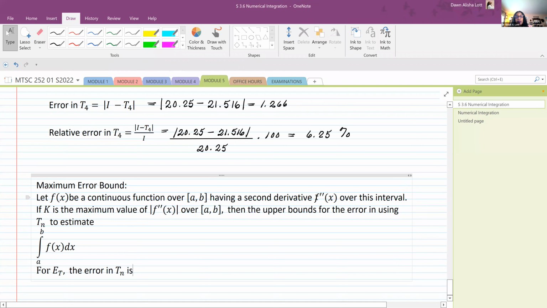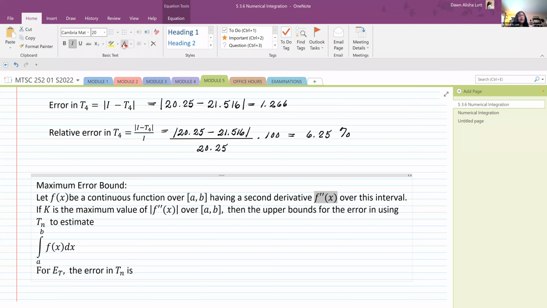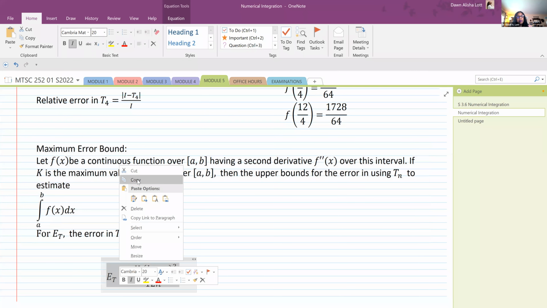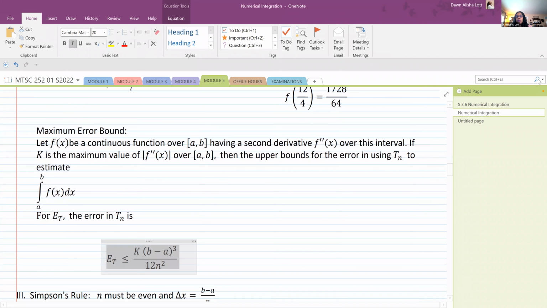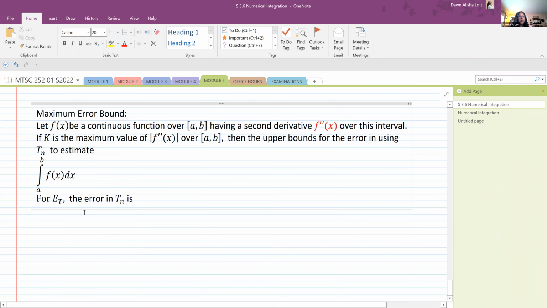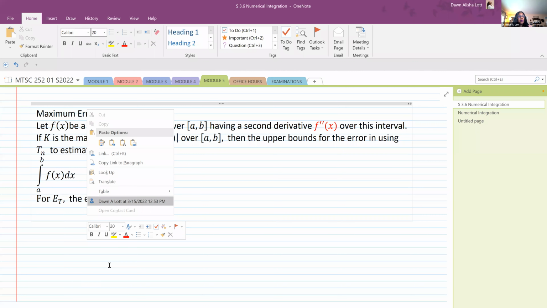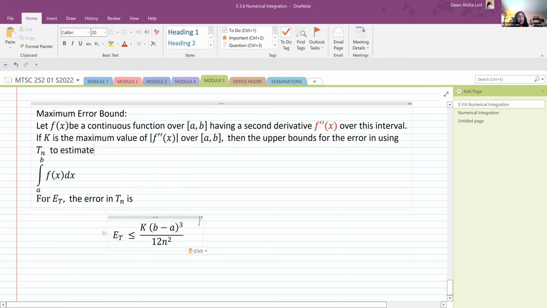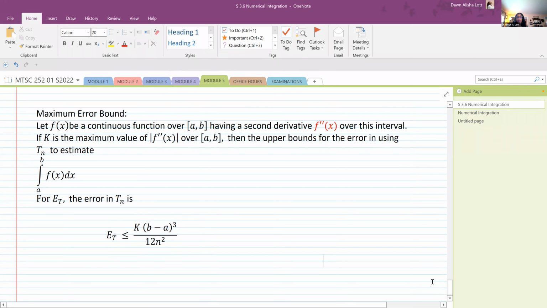It also depends on the second derivative, and its error bound is like this. So it almost looks identical to the error bound for the midpoint rule.